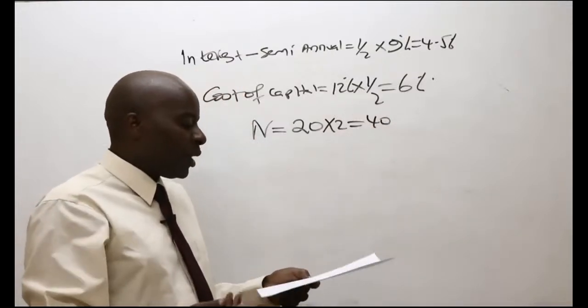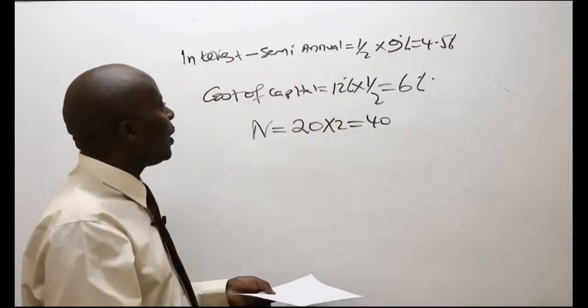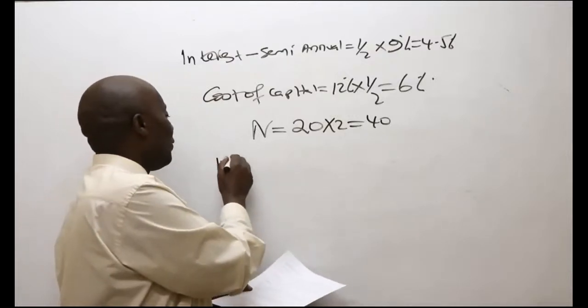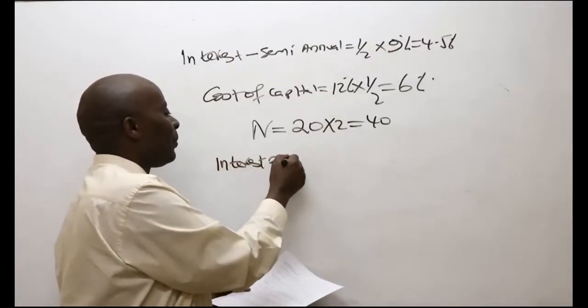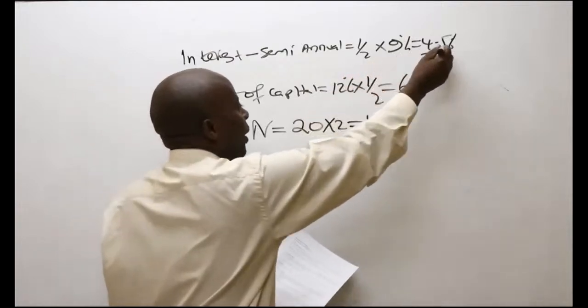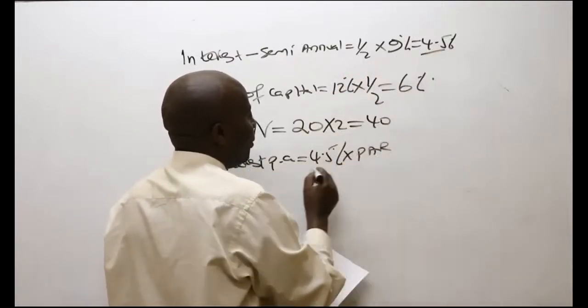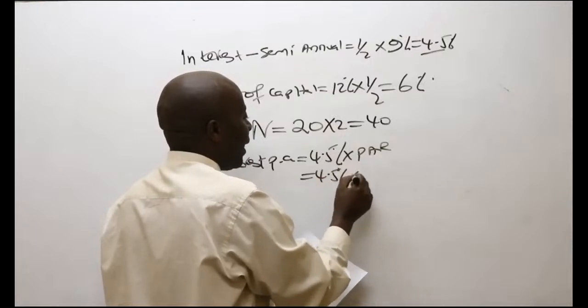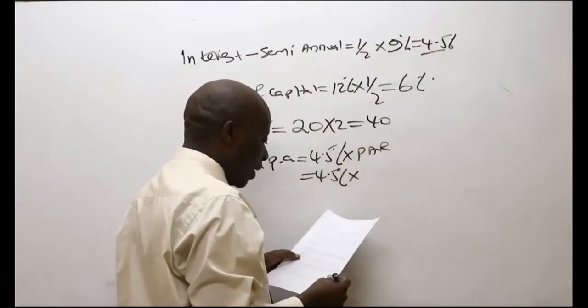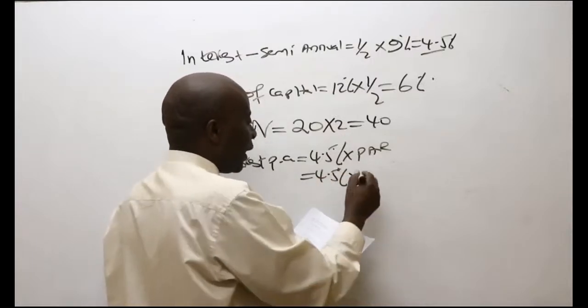So they want me to give them the value of the bond. It's very easy. What I need to do is to come and give them the interest per annum. The coupon rate is 4.5% of the par value. The par value is 1,000.